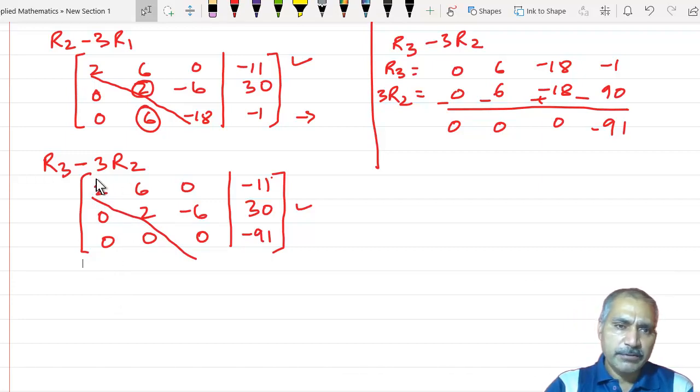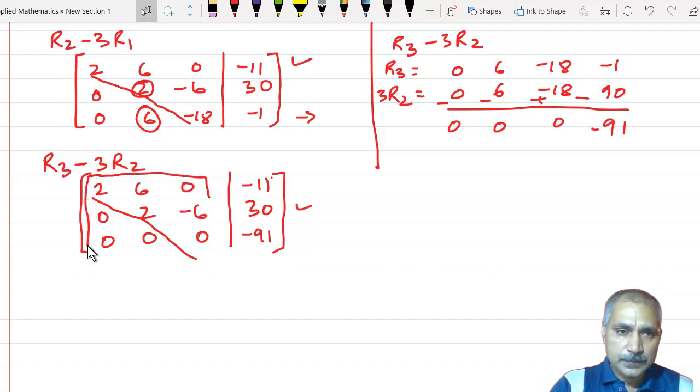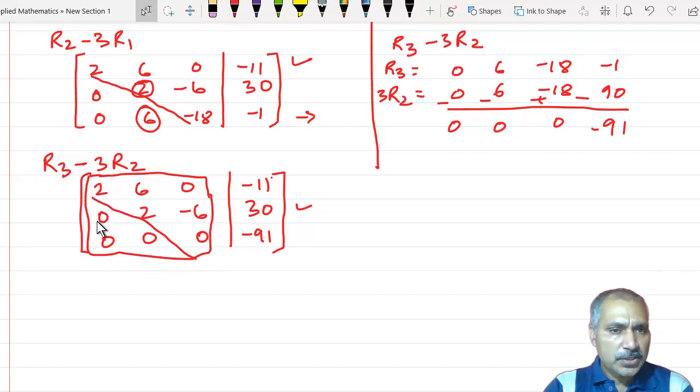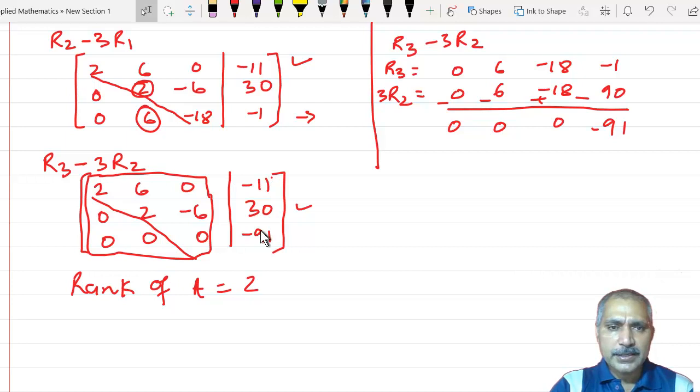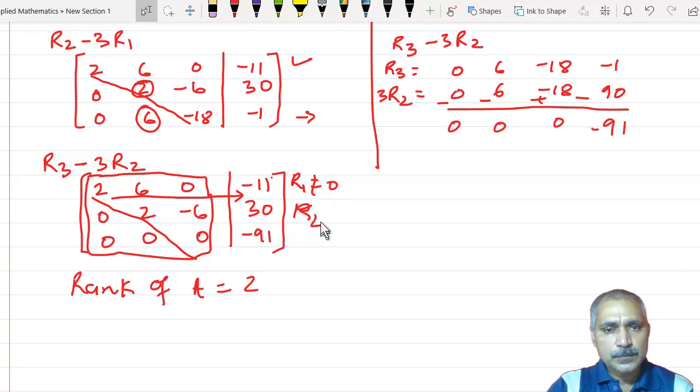Now from this, if we predict the rank of this A matrix, how many rows are 0? Row number 1 is non-zero, row number 2 is non-zero, but row number 3 is 0. So rank of A is equal to 2. Now if we take the full matrix, that is the augmented matrix, taking all the elements together, the first row is non-zero, R1 is not equal to 0, R2 not equal to 0, and R3, if you look, these three elements are 0, but this last element is not 0.